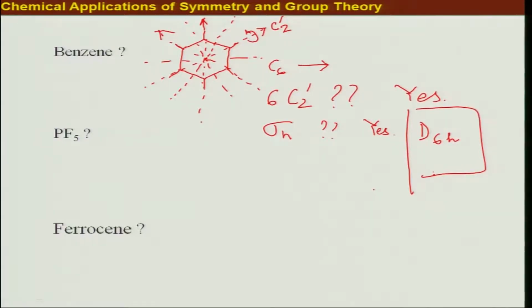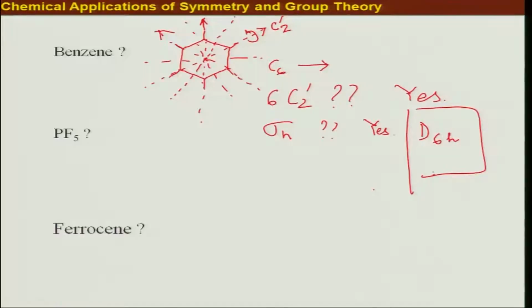That's why I didn't look at any other possibilities, but you can have a quick look at this structure again for benzene, and you can see there is an inversion center, right? You start from any hydrogen, pass through the origin, the center point of the benzene molecule, go to the other direction, the same distance, and you will find an identical hydrogen there. So there is an I. So there will be improper axes of symmetry.